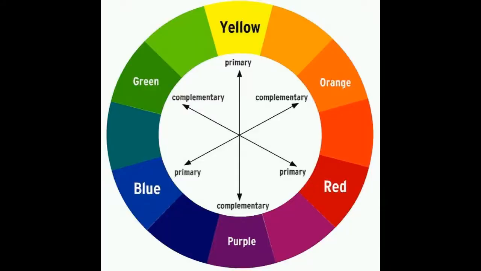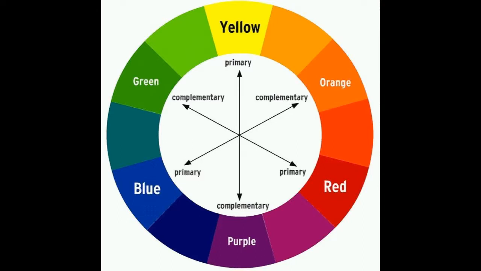So if you look at the color wheel, the colors that are directly opposite each other on the color wheel are complementary colors. So purple and yellow are complementary colors, orange and blue are complementary colors, and red and green are complementary colors.